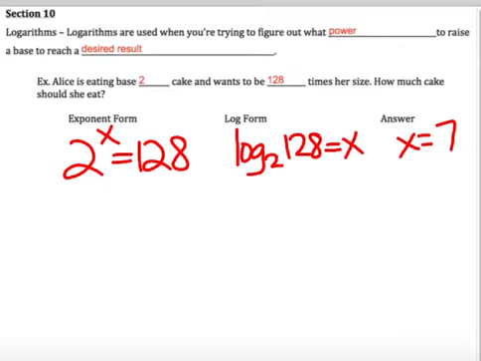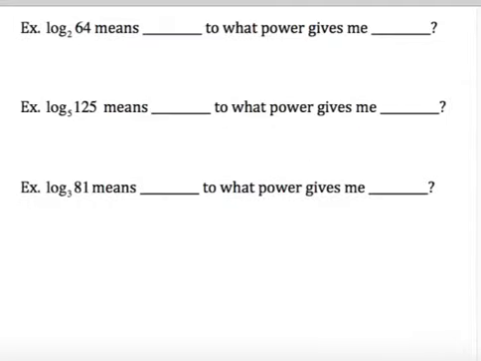A few more examples together. Log base 2 of 64 means 2 to what power gives me 64? Whenever you see a problem in logarithm form like this, you want to write it in exponential form.